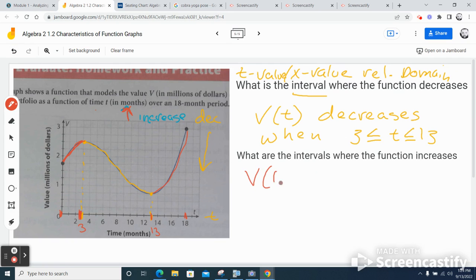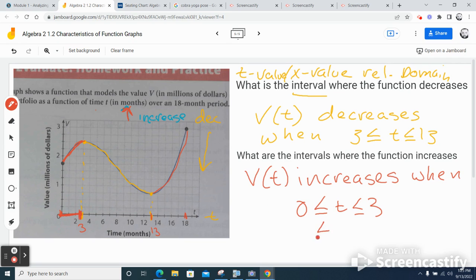V of t increases when, what do I write for the first one? Well, 3, is that the upper bound or the lower? 0, 2, 3, right? I'm interested in this section right here. Does that make sense?